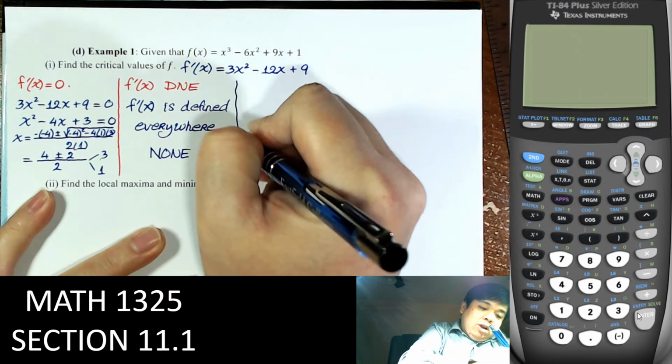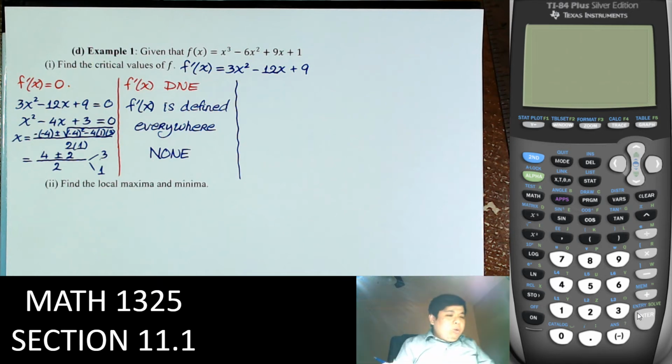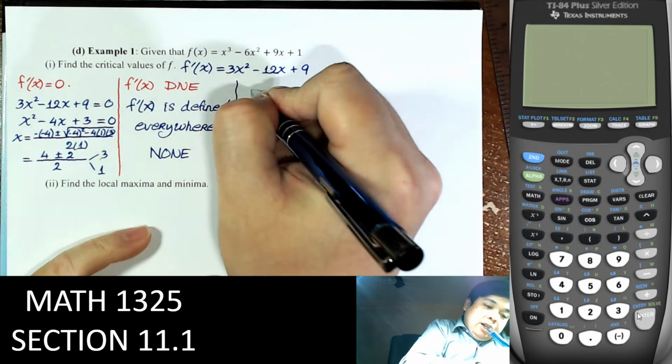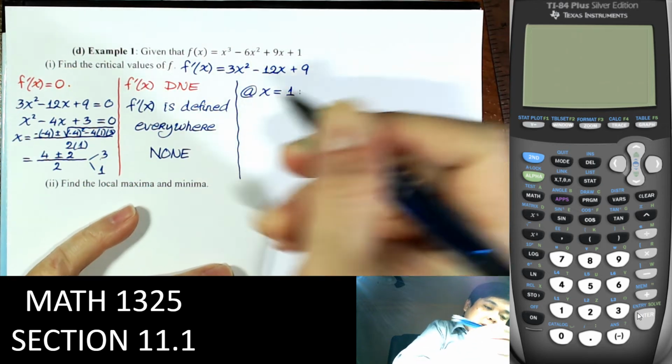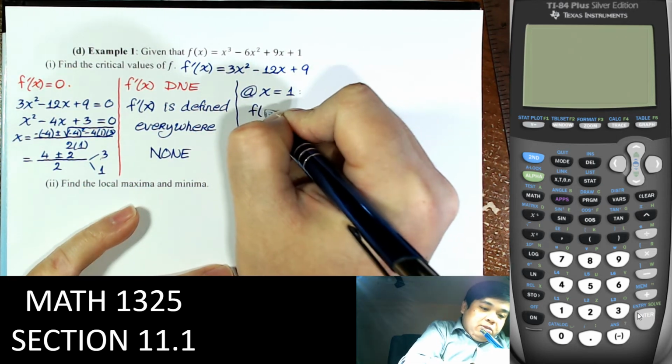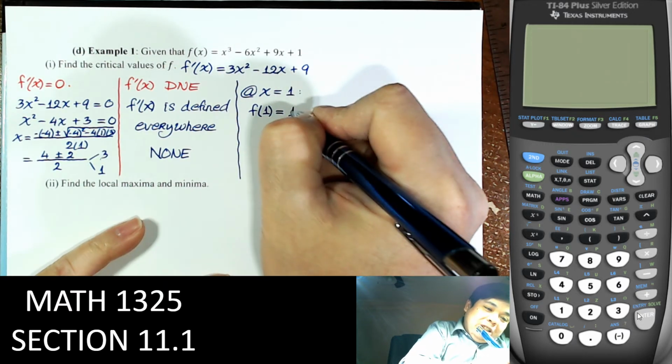Right, so that gives us the partition numbers of 1 and 3. Now to find critical values, we do need to check the values. At x equal to 1, just go ahead and find the values because that will come in handy later for this problem.